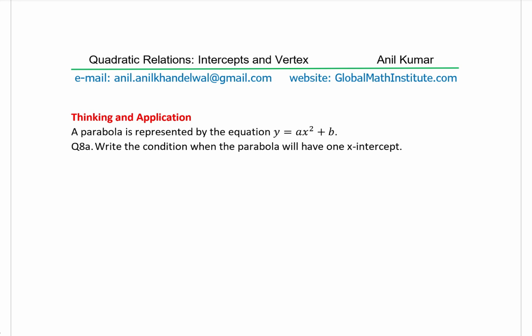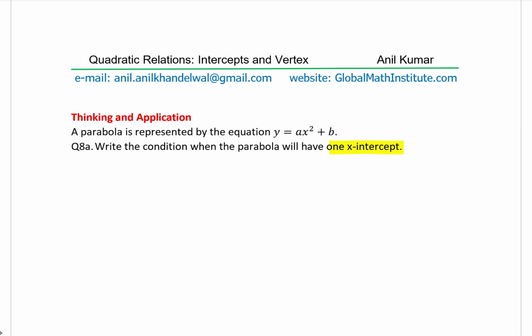Okay, let's move on and take the next question, which is thinking and application question. Question number 1 in this regard is, a parabola is represented by the equation y equals to ax squared plus b. Write condition when parabola will have one x-intercept. So we want to find condition for one x-intercept.